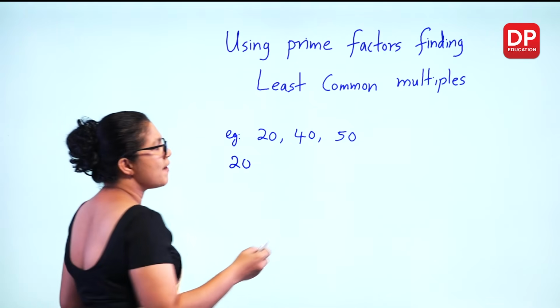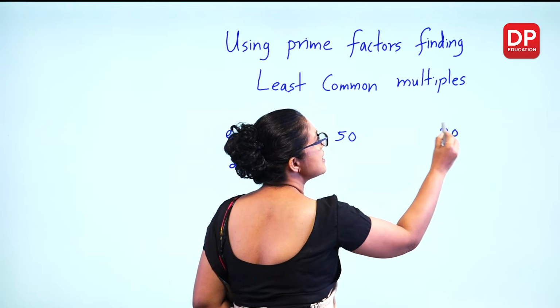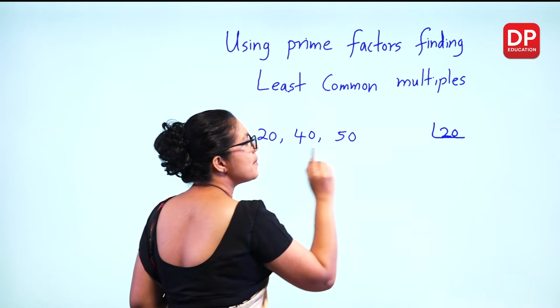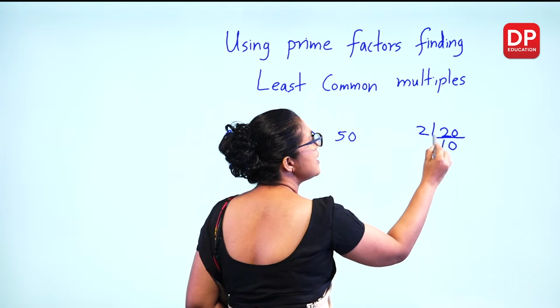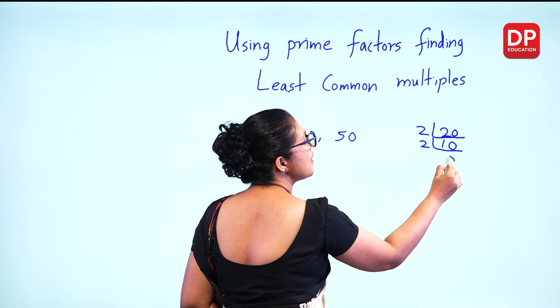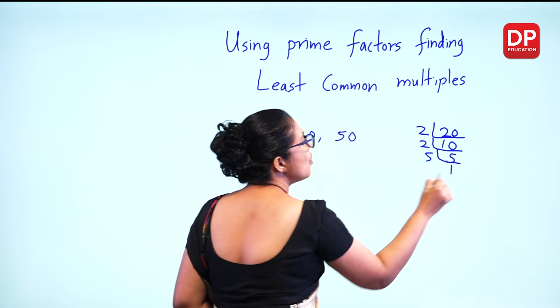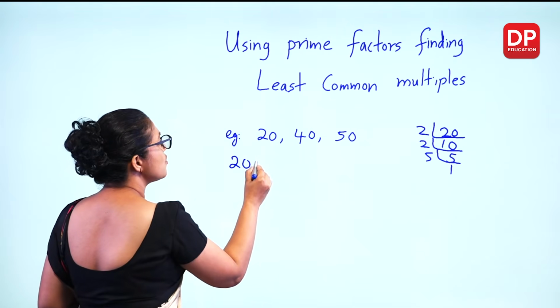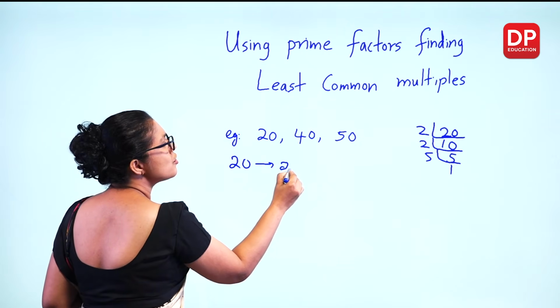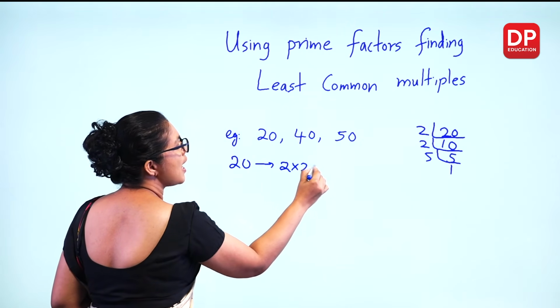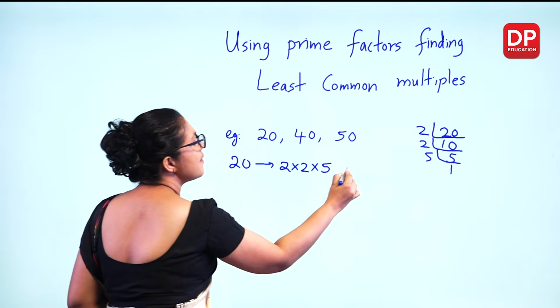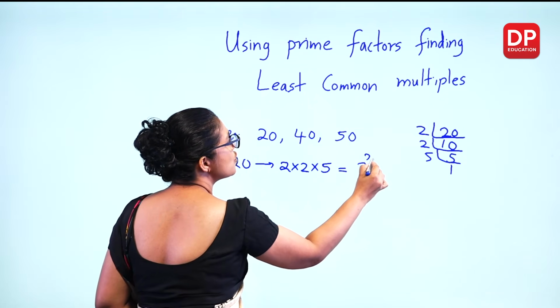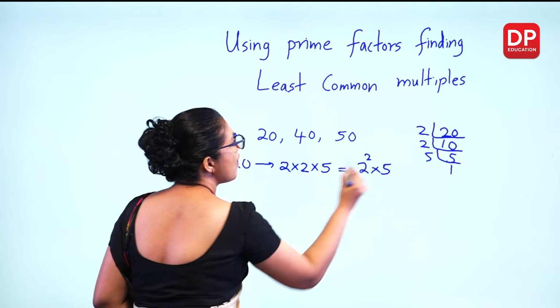What are the prime factors? Divide by prime numbers: divide by 2, you get 10, divide by 2 again, you get 5. So the prime factors are 2 times 2 times 5. I can write this as 2 to the power 2 and 5.